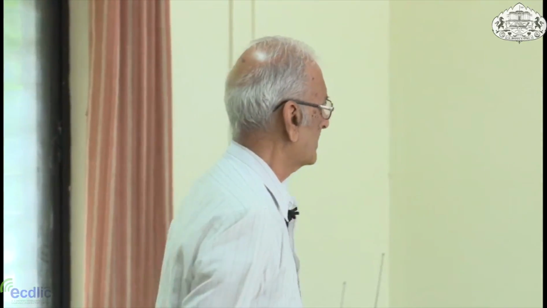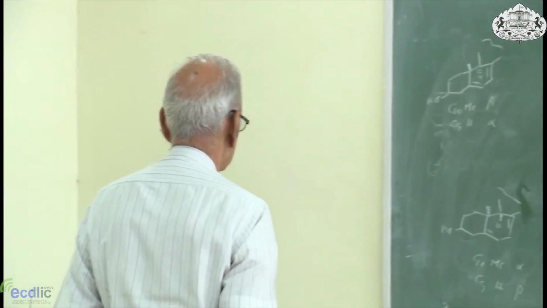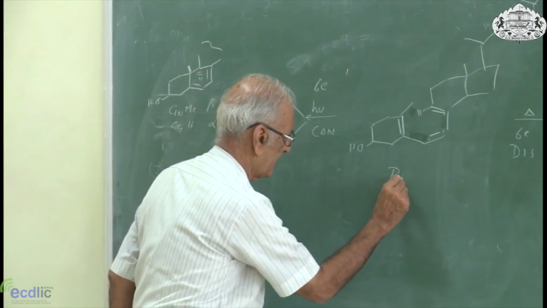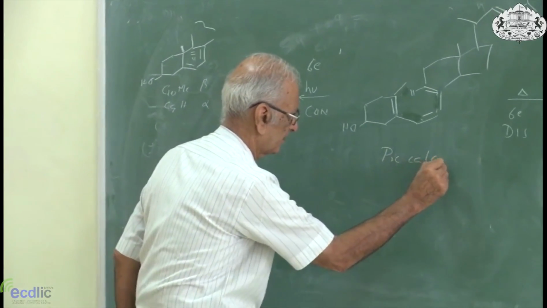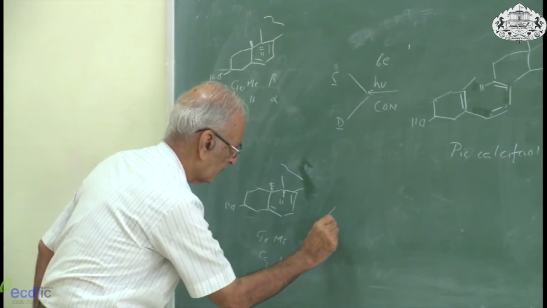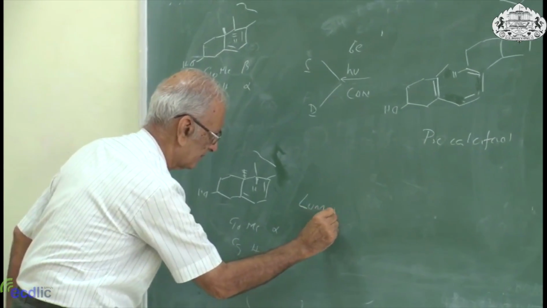Your starting material has 3 conjugated double bonds. Your product has 2 conjugated. So that's the picture. This is the compound called precalciferol. And this is the compound called lumisterol.